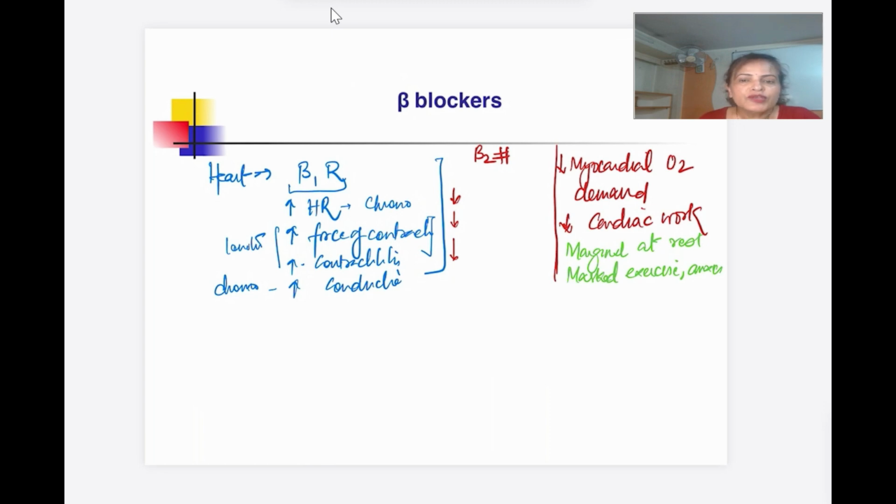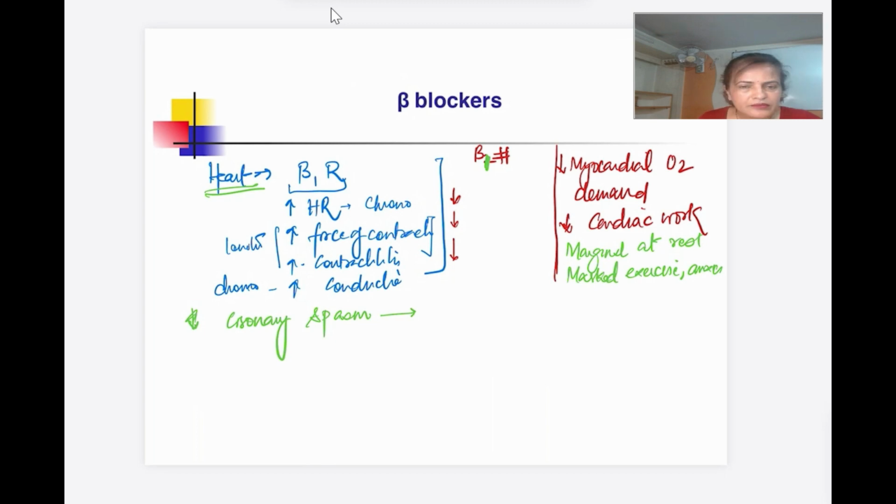Now which beta blocker is to be used? We can use cardioselective or non-selective. Cardioselective are definitely to be preferred over non-selective, because in the heart there is a beta 1 receptor. If we use a non-selective beta blocker, it may cause coronary spasm.